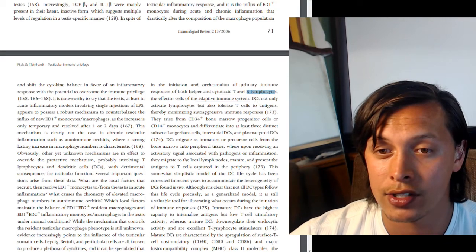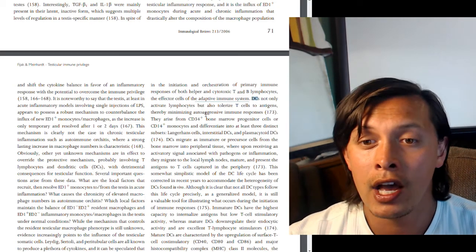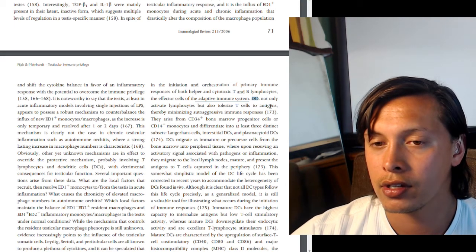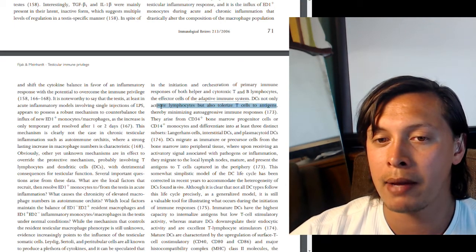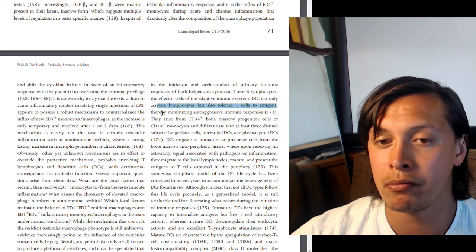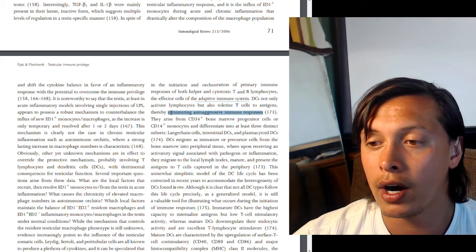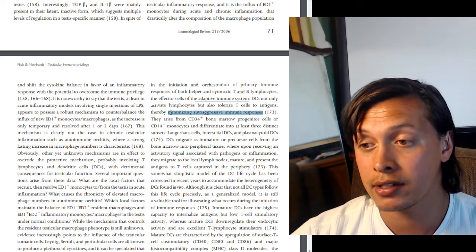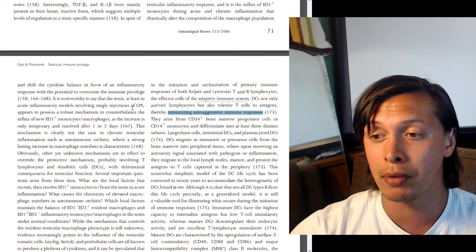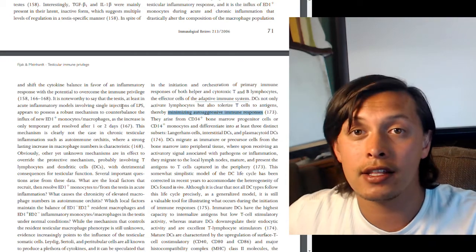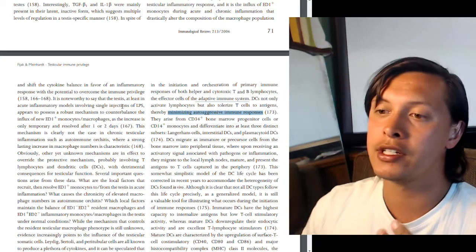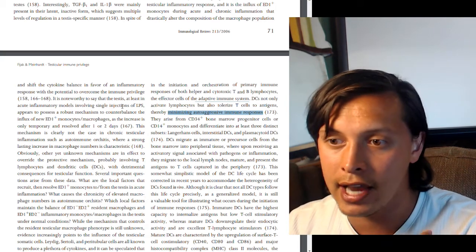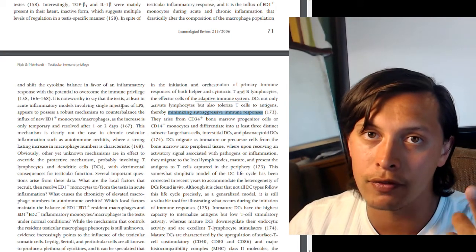Continuing, dendritic cells not only activate lymphocytes, but also tolerize T cells to antigens, thereby minimizing autoaggressive immune response. So these dendritic cells can present antigens that your own body produces, and they do it in a way which tells the other immune cells, don't attack these antigens because they are a part of you.